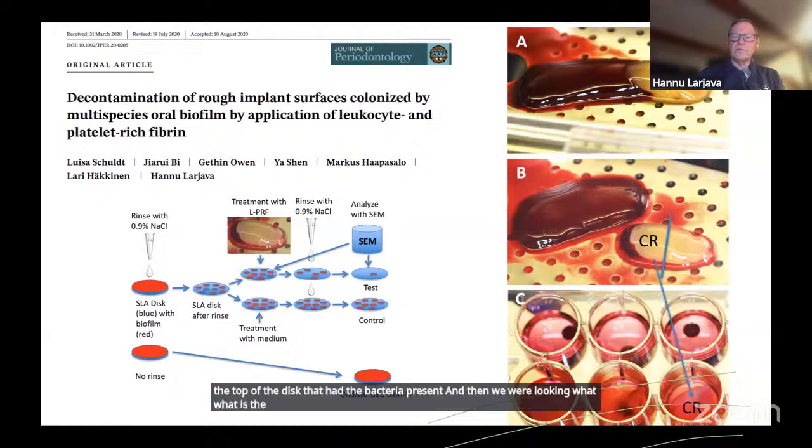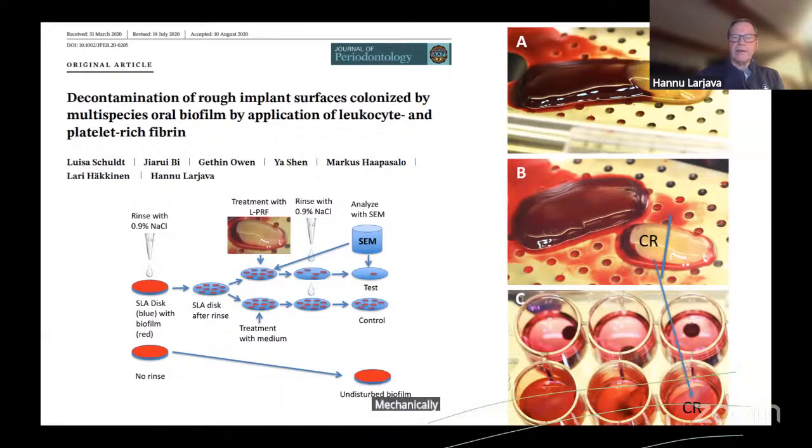Does that improve the decontamination by not doing it mechanically and not doing it with chemicals, but doing it with the patient's own blood products?